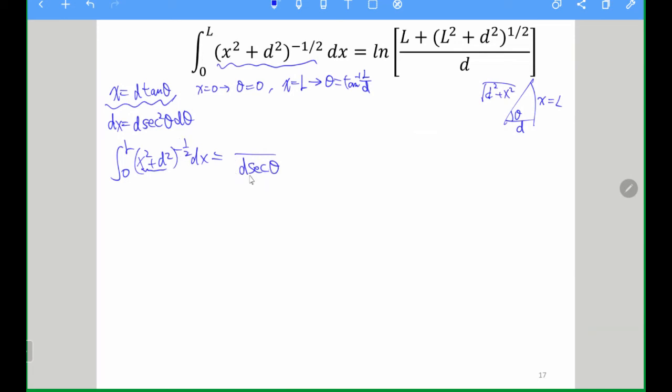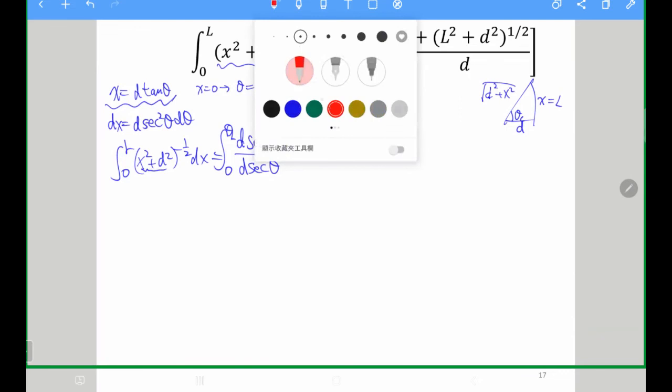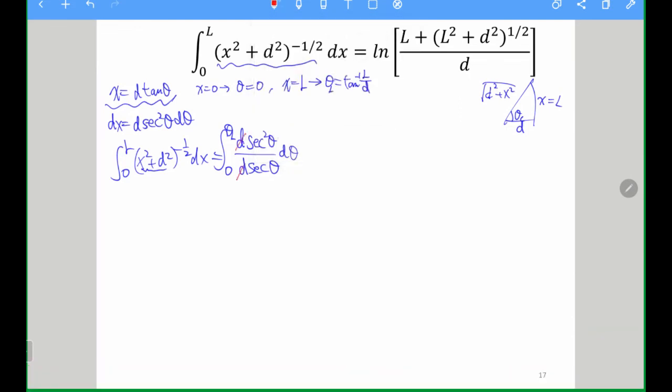And dx equals d secant squared theta d theta. This is from 0 to theta L, which is arctangent of capital L over d. So we can do some cancellation: d and d, secant squared with secant.